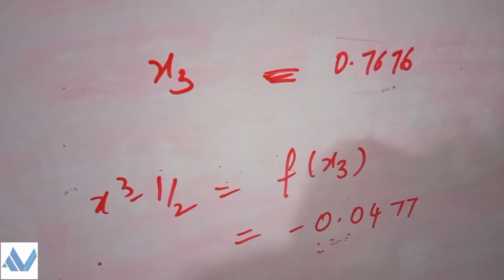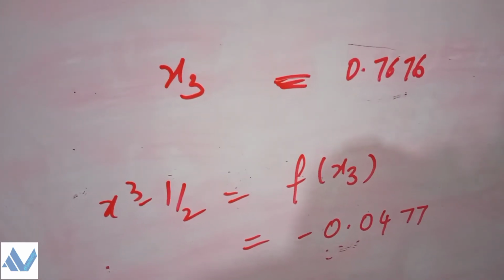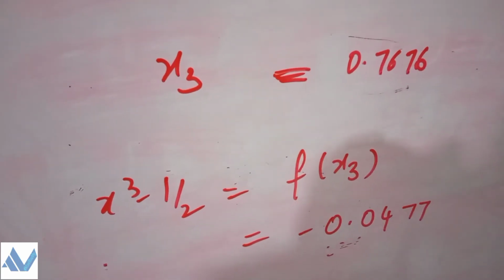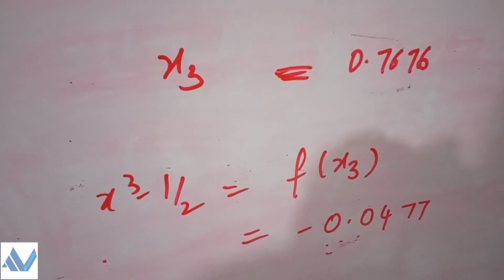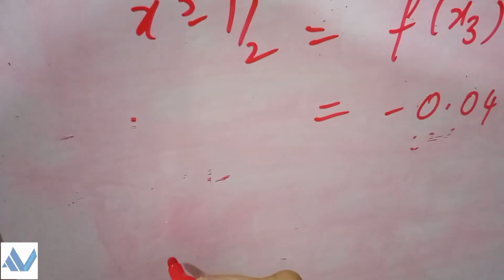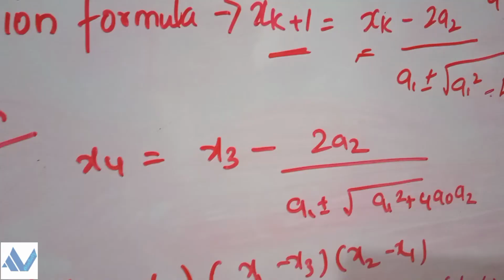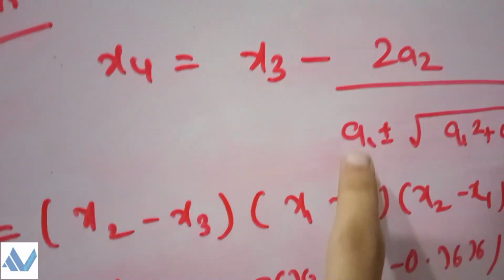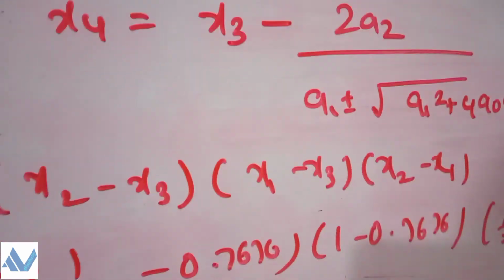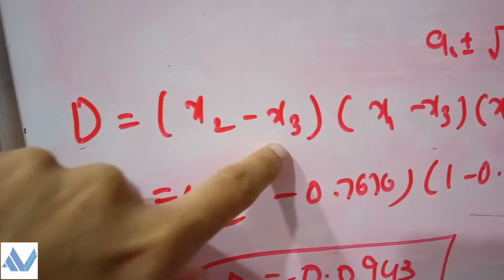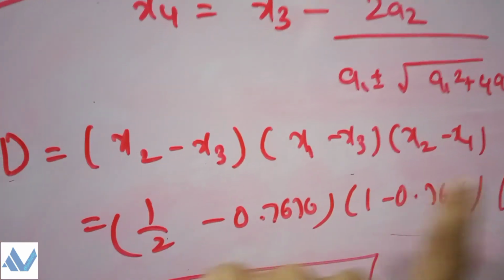The second iteration is in the same method, that is a0 and a1, but only for your understanding, because the formula changes in the second iteration. The formula becomes x4 equals x3 minus 2a2, this remains the same, a1 square, a0 square. d is equal to x2 minus x3, x1 minus x3.